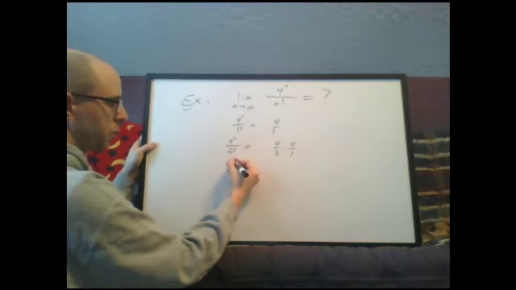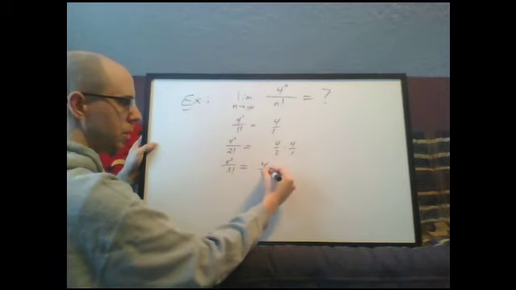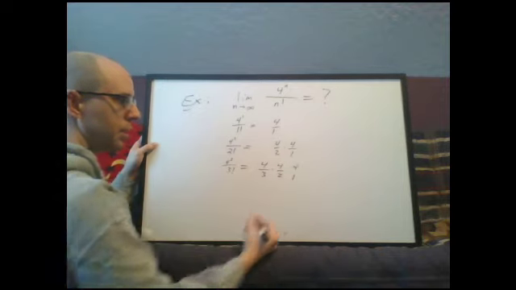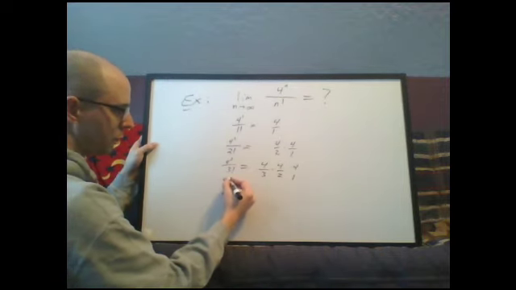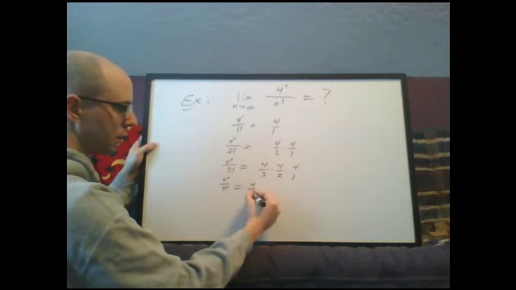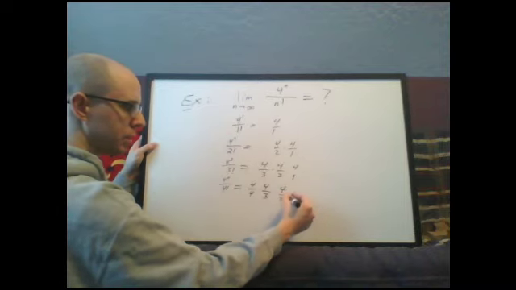The next one, 4 cubed over 3 factorial, could be written like this. The next one, 4 to the 4th over 4 factorial, I could separate out like this as a product of these 4 fractions.